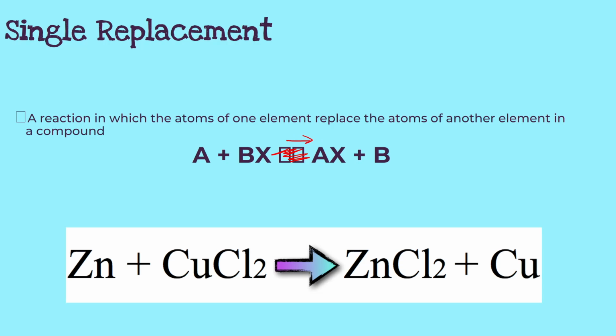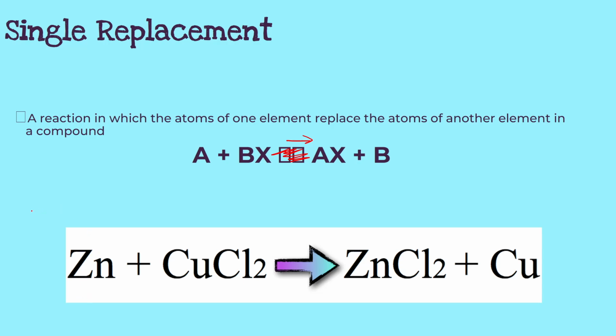A single replacement reaction is one where the atoms of one element replace the atoms of another element in the compound. And so this would be like, in the examples that you guys did on your card sort, 2 people are dating and then they break up and somebody else jumps into a new relationship, right?